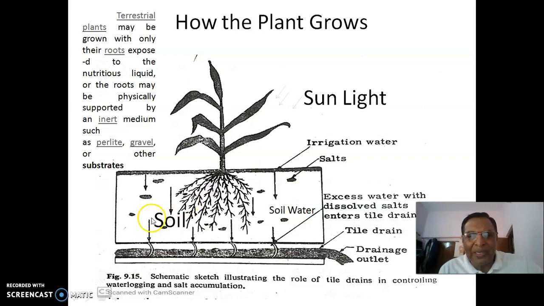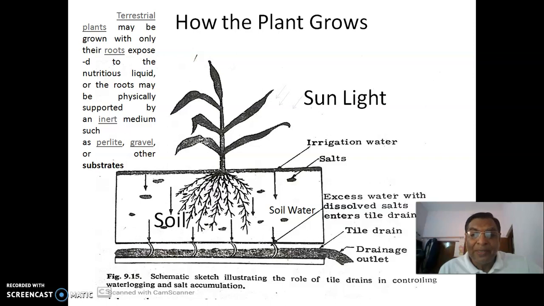It provides some nutrients and holds some water. Now the question is, can you remove the soil, put in some inert material, and provide the nutrient solution directly, instead of adding fertilizers to the soil? Sometimes natural soil, if it is fertile, will give sufficient nutrients to the plant, whereas otherwise in much agriculture we add nutrients through fertilizers.